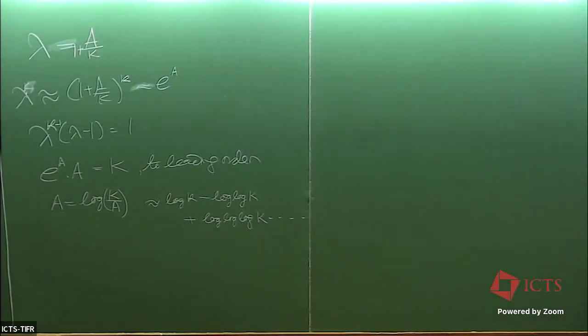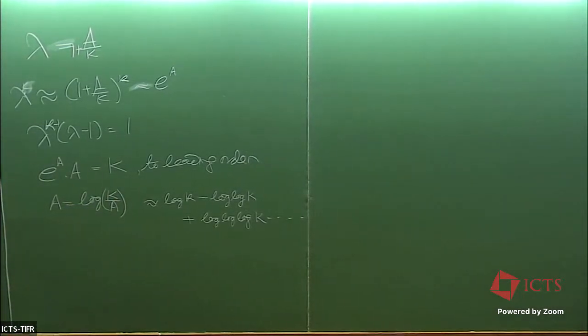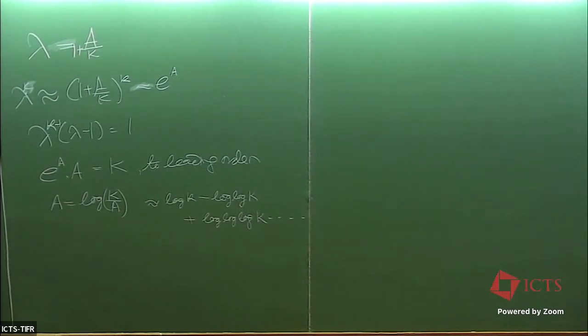So if I want to do an asymptotic study of this for large k, this is not very comfortable. It is actually very irritating because you don't get rid of the logs. You don't go to any term of higher order in 1 by k. You just keep on getting stuck with logs. So the way out of this is to say that a is the solution.